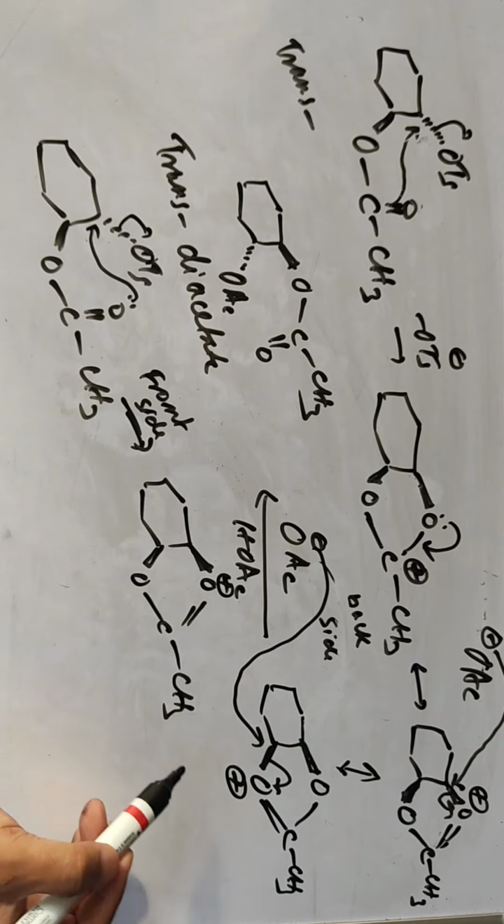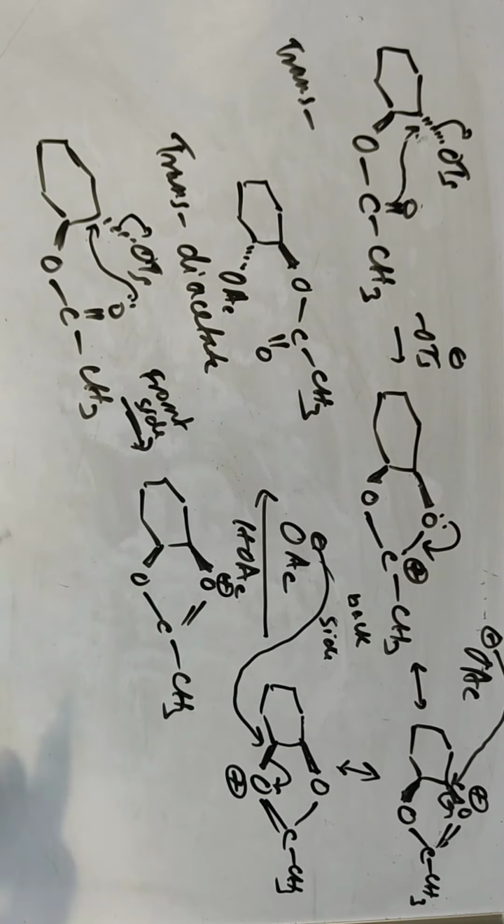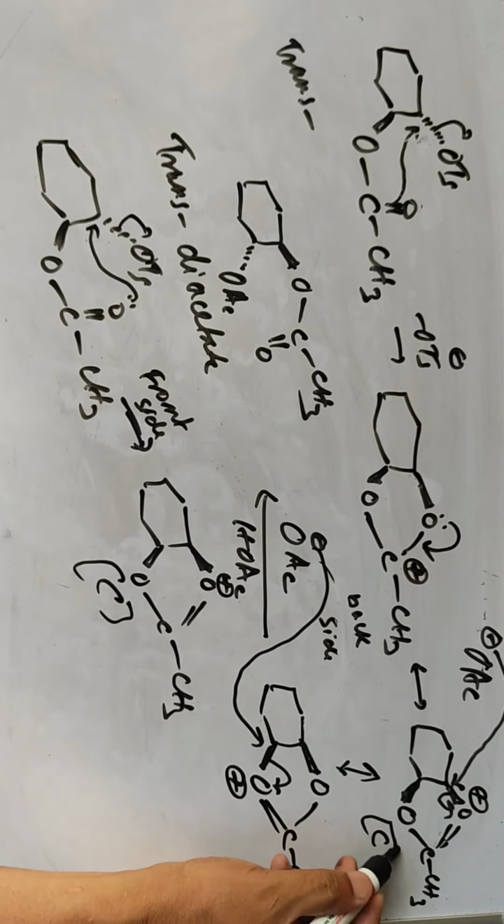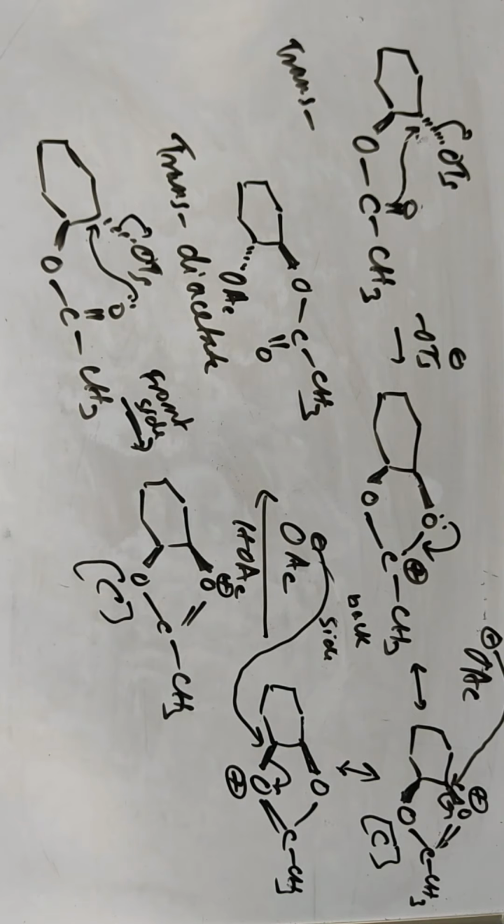Then finally solvolysis will give the same product. So it is another mechanism for how it is formed. So this shows that participation of the neighboring group takes place because there are lone pair electrons, and a double bond can also take part.